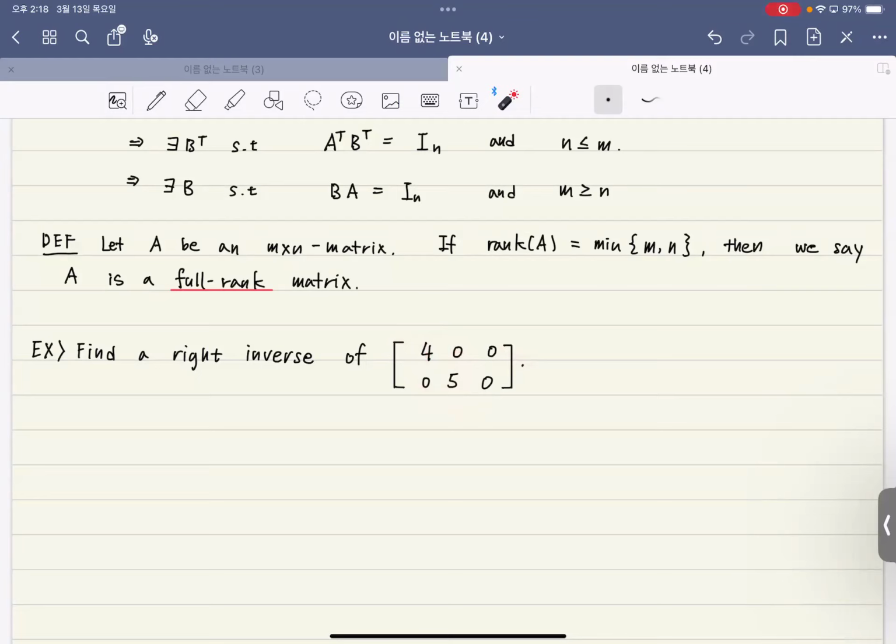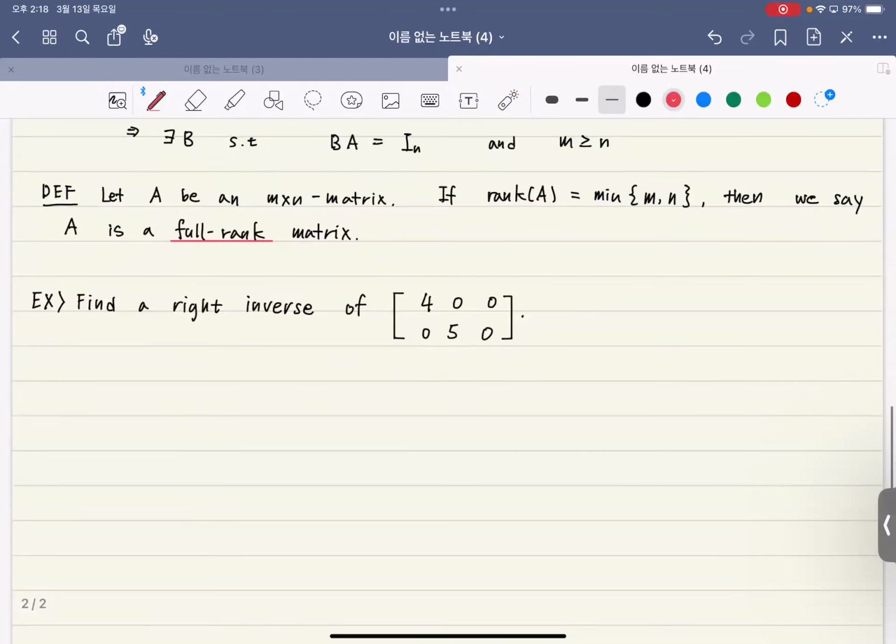Since this is a wide matrix, I should be able to find a right inverse of the matrix. Okay, so let me try to find one. To find it, I will need to solve 2 systems of equations.